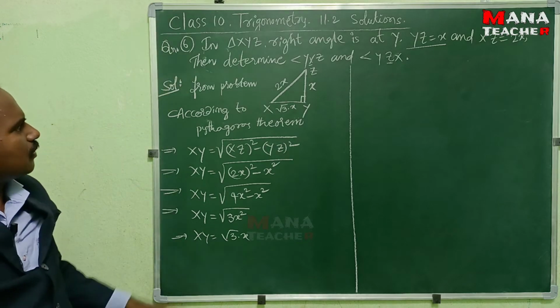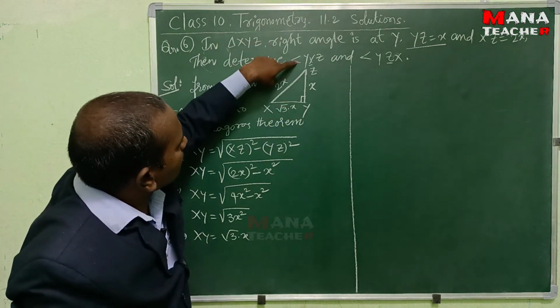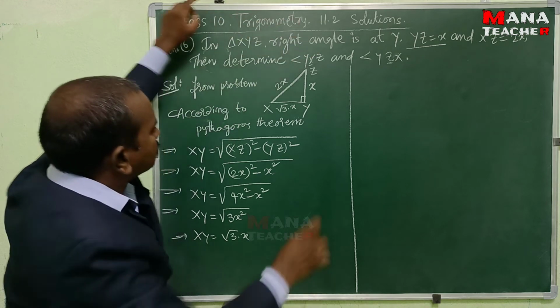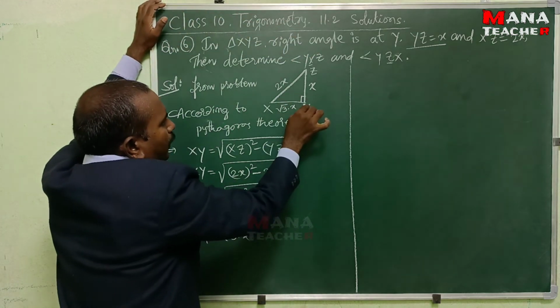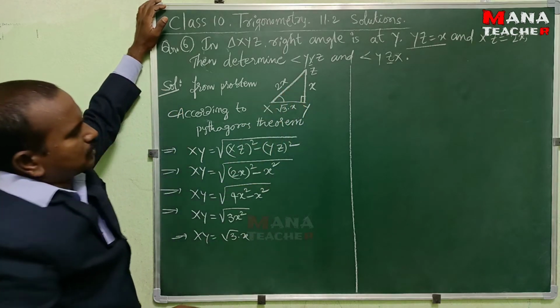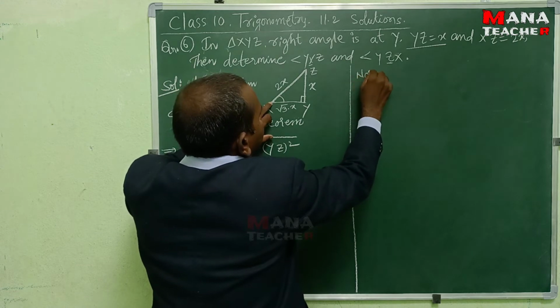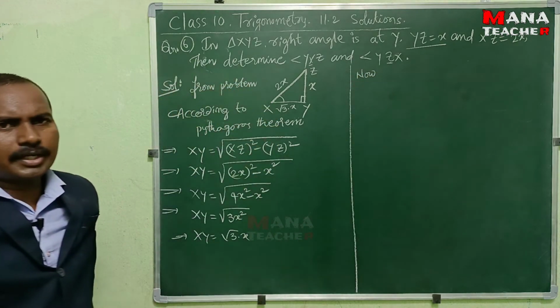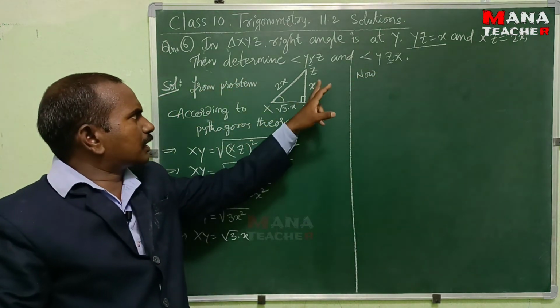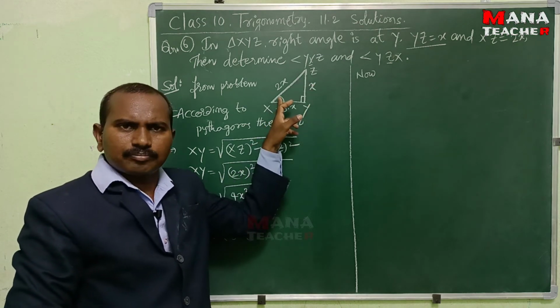Now what is asked in the problem? Angle YXZ, this is asked. Now you have to take any ratio, you will get the angle x.